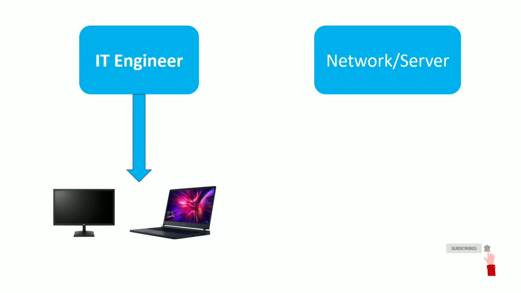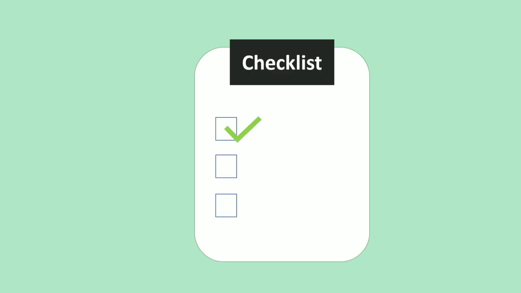In machines, create checklists like power cord, keyboard, mouse, cables, and network connectivity. After this, create checklists on printers, scanners and biometric access. So first we'll start with the machines checklist, like desktop and laptop.